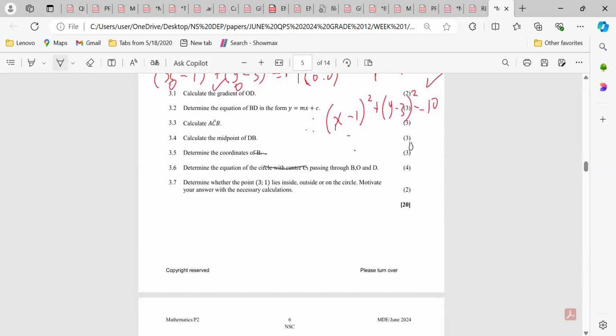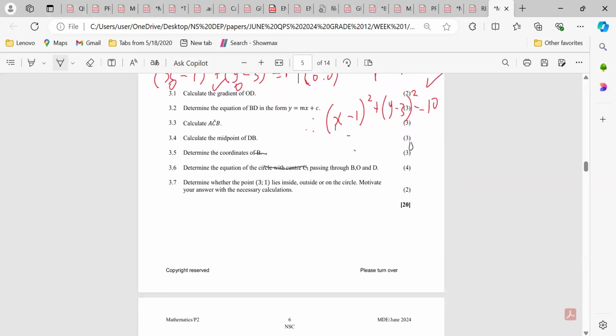Okay, that's one. Determine whether the point (3;1) lies inside, outside, or on the circle. Motivate your answer using the necessary calculation. How do you know if a point lies inside the circle, outside the circle, or at the circumference? This is what you should check.